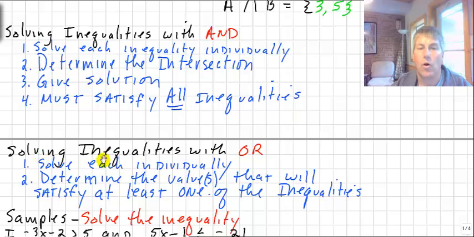Solving inequalities with "or", we want to solve each inequality individually again. We want to determine the values that will satisfy at least one of the inequalities. So that's the difference between "and" and "or". With "and" it has to satisfy both or all of the inequalities, whereas with "or", you only have to satisfy one.